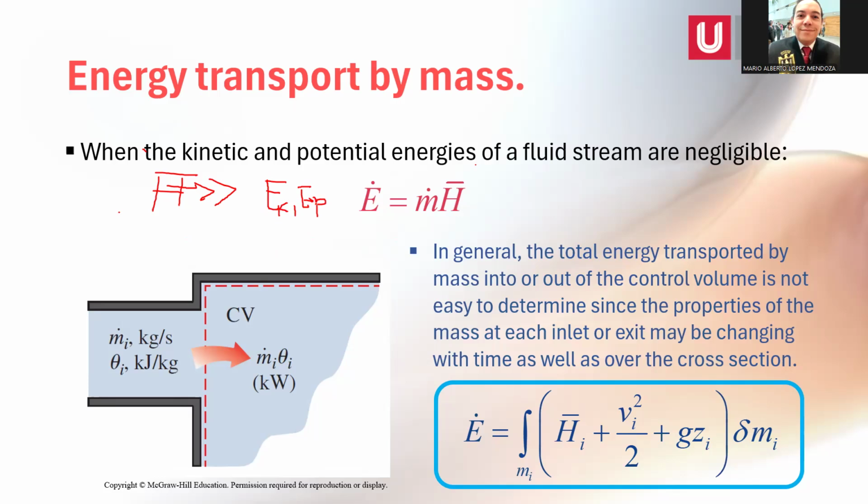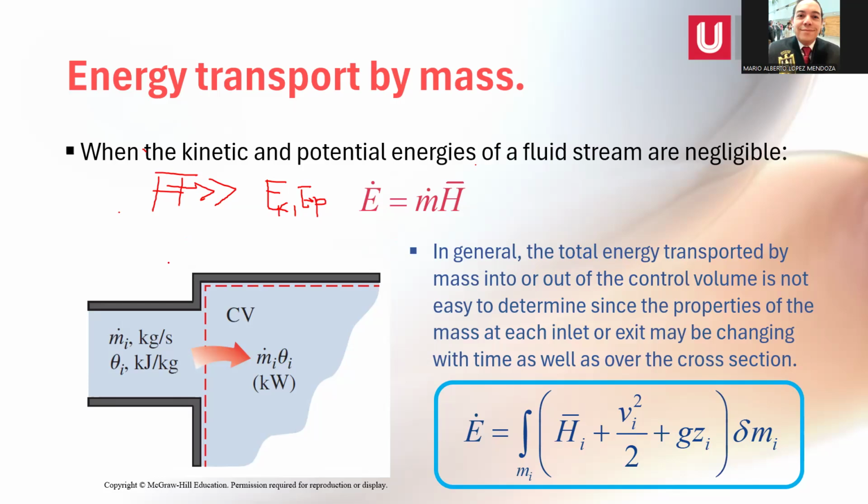For example, this enthalpy could be 100 kilojoules per kilogram, and the kinetic energy must be in the scale of units, 1 kilojoule or 5 kilojoules per kilogram.